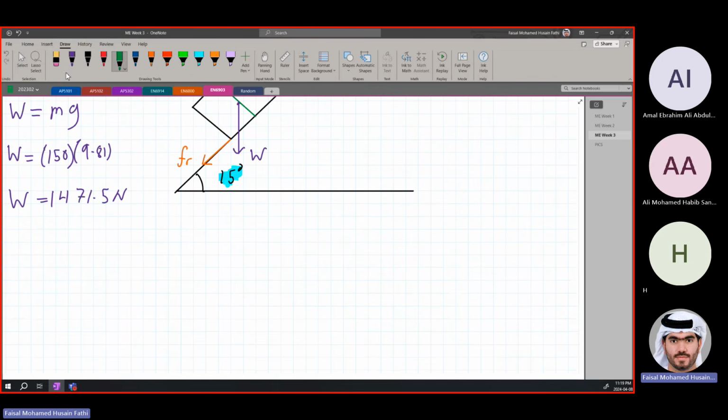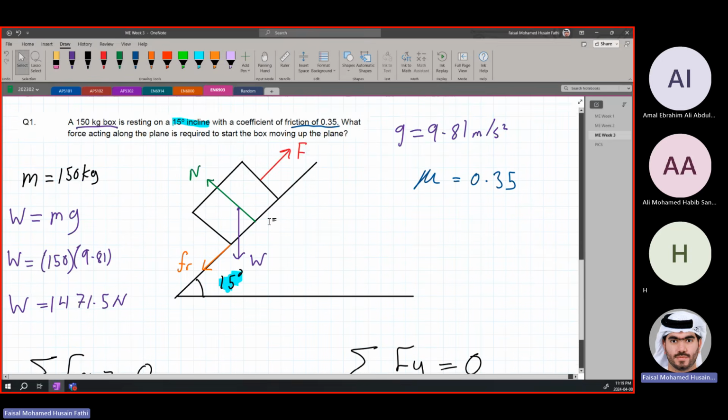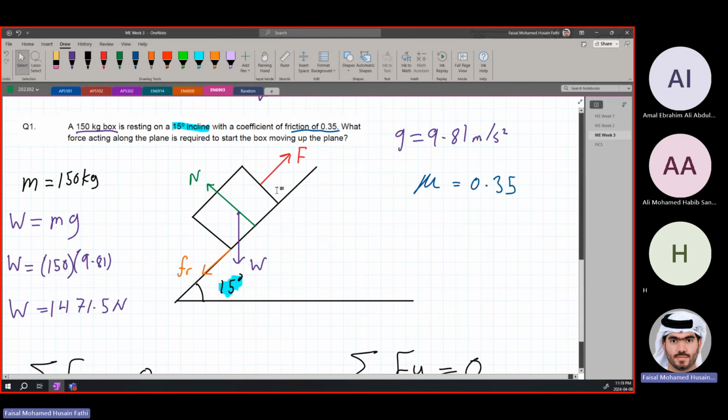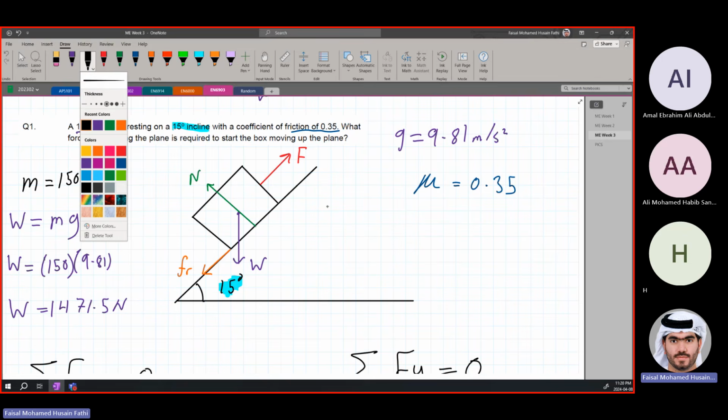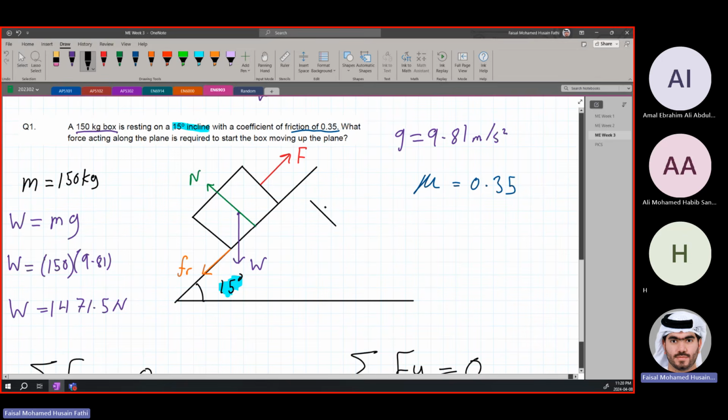Now, we need to find two things. We need to find our sigma Fx and our sigma Fy. And they are both going to be equal to 0. Why? First, what does it mean? Sigma Fx means the total of forces in the x direction. By the x direction, this is how I am defining my x and y plane.